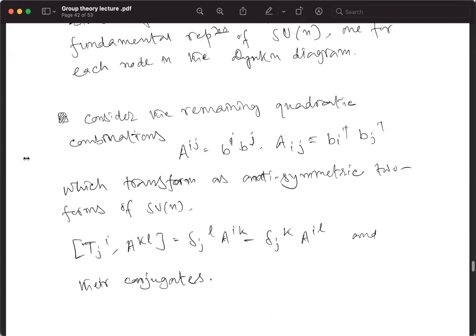So let's consider the remaining quadratic combinations, like for example A_ij as b_i b_j or A^ij as b_i dagger b_j dagger, and these transform as antisymmetric two-forms of SU(N). Okay? So then T^j_i A_kl is basically delta^j_k A_il minus delta^j_l A_ik, and their conjugates and so on. So you can construct the higher representations and the combinations.